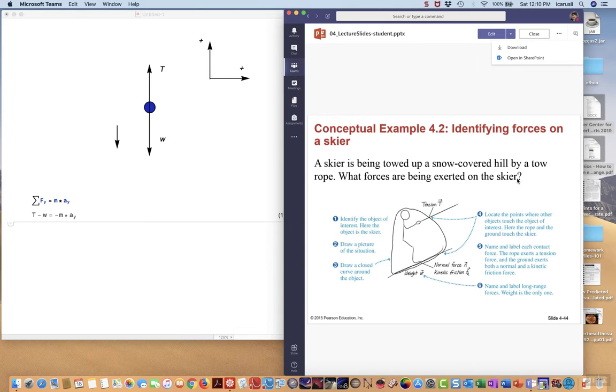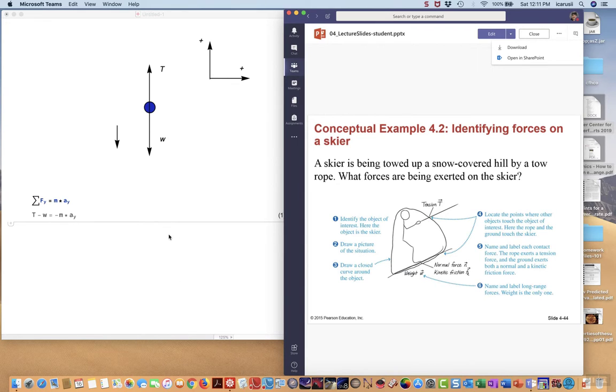Let us assume for the moment that the skier is being towed up the hill at a constant velocity. Okay? It's not being accelerated. So now that we have the object and we have the forces like the tension here, the weight is acting down this way, and the normal force is going to act this way. The kinetic friction is going to act along the path of motion.